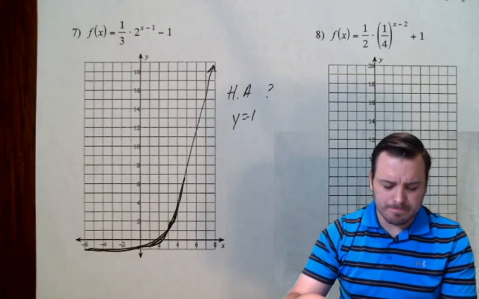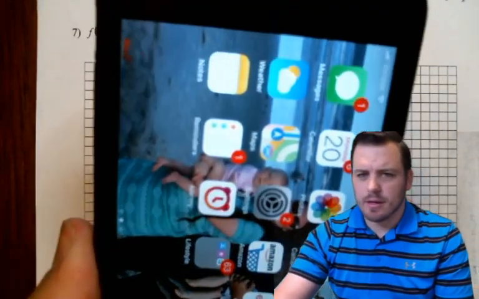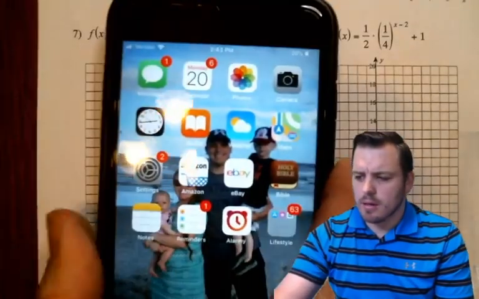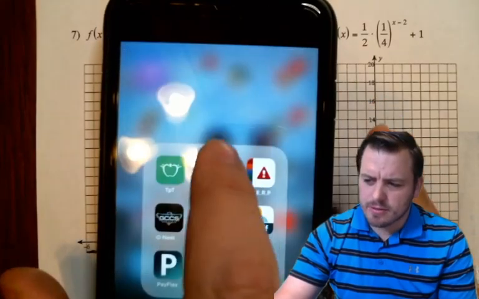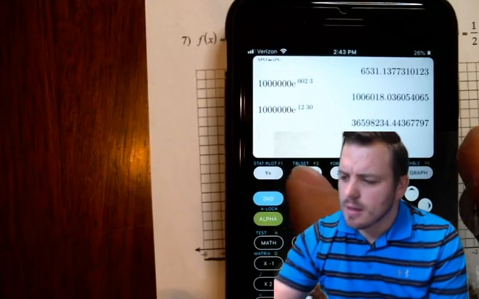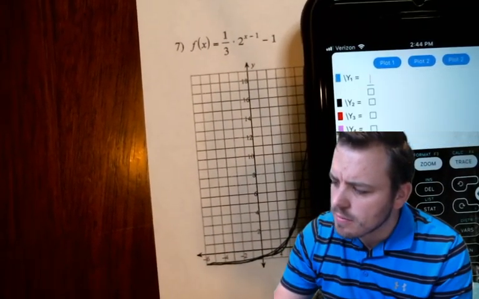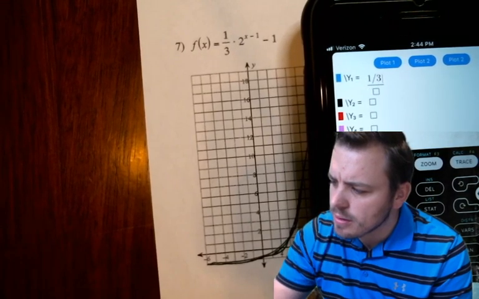Let me look at the calculator real quick. My calculator's dead. I need to go to school and get my charger, but we can look on this right here. Y equals 1 divided by 3.